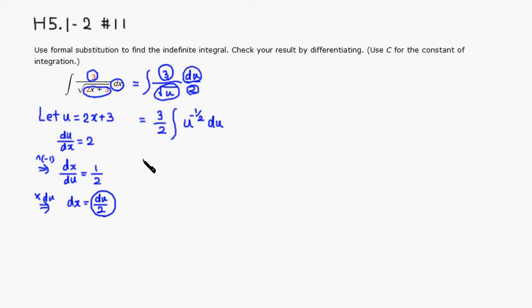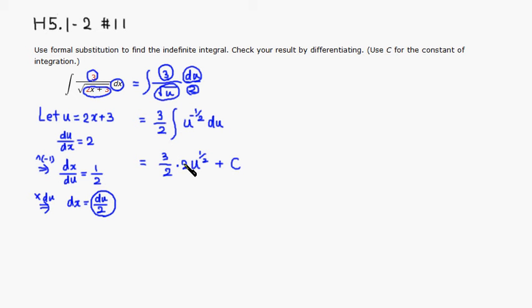So this is going to be equal to 3 halves. Add 1 to the power, so it's going to be u to the negative 1/2 plus 1, so it's positive 1/2. Divided by 1/2 is equivalent to multiplying by 2, and plus some constant, plus c at the end.